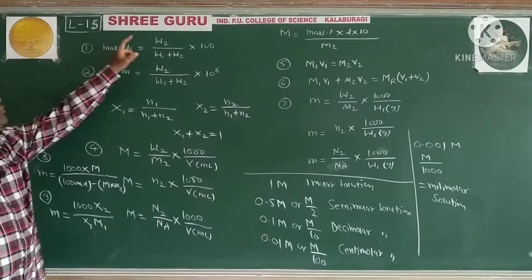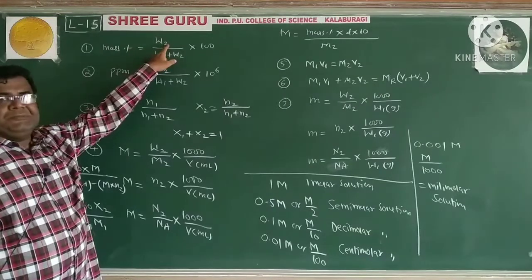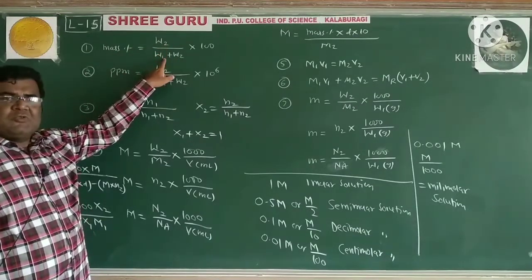We should know what these subscripts mean. 2 means related to solute, 1 means related to solvent.